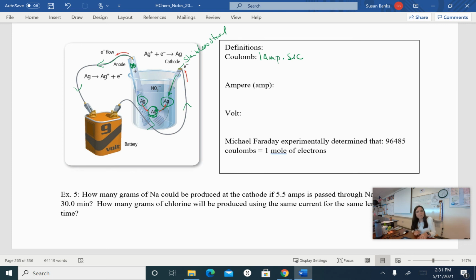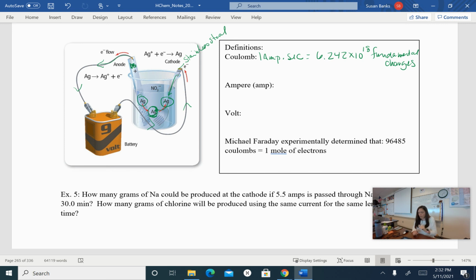A coulomb is a measurement of charge, how many charges we have. This actually equals 6.242 times 10 to the 18 fundamental charges. That would be a lot of charges going through per second.